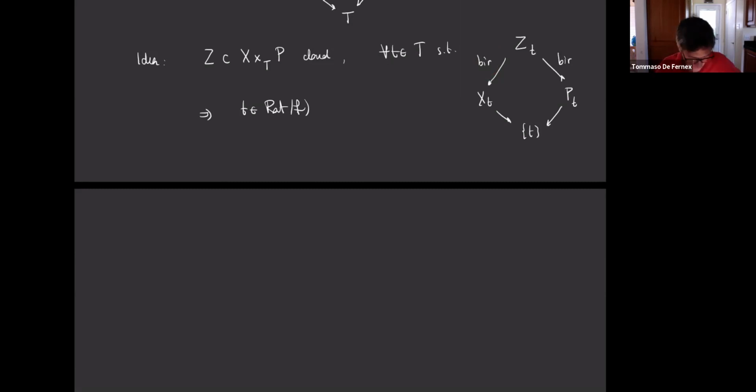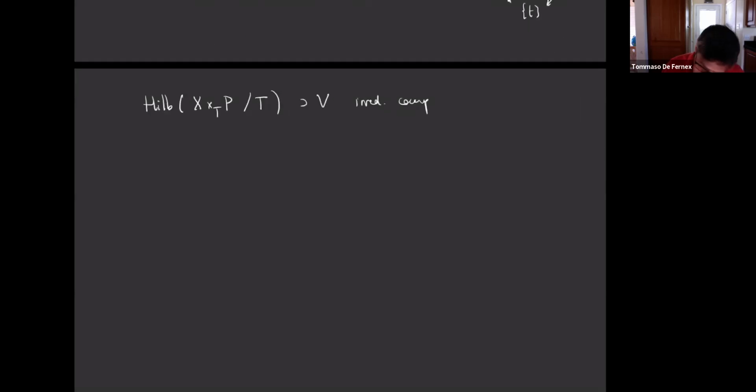So with this in mind, what we're going to do is I will look at the Hilbert scheme of this product over T, so it parameterizes schemes in the fibers, one way of thinking about it. And then if I pick V in an irreducible component, then I can consider the following base change.